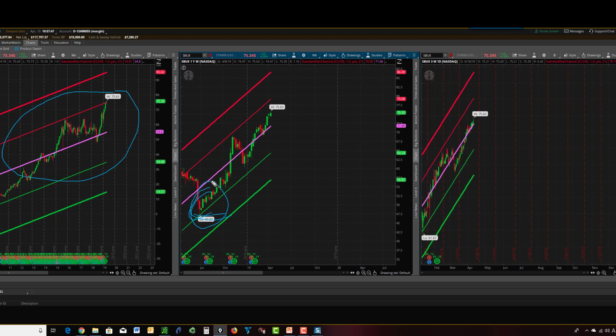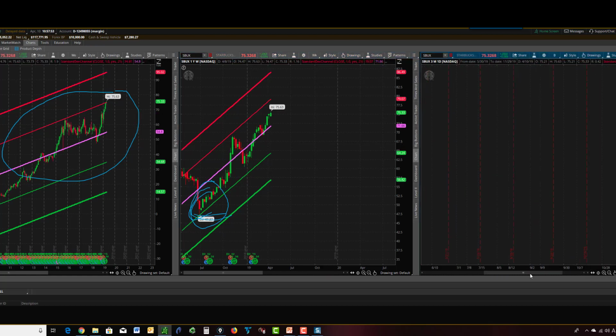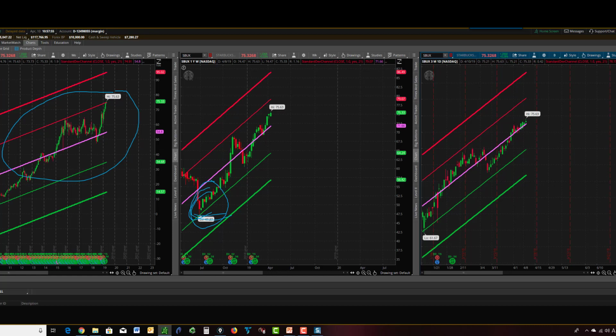And then on the 3 months daily, let's make it a little bit larger here. Once the weekly is at this level, then we're going to start looking for trading this. So this is for the last 3 months. If you want to see it, we can go to 6 months.